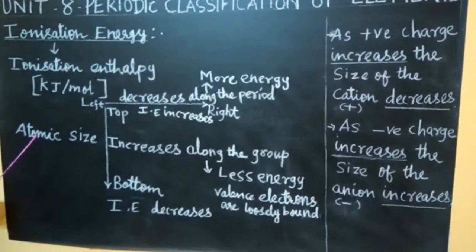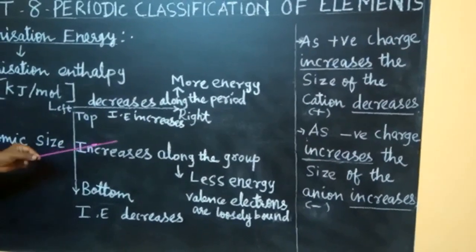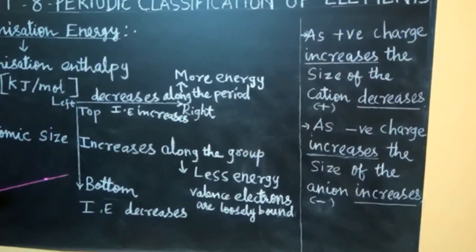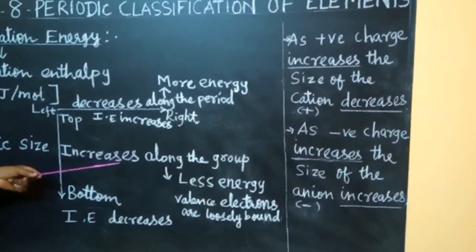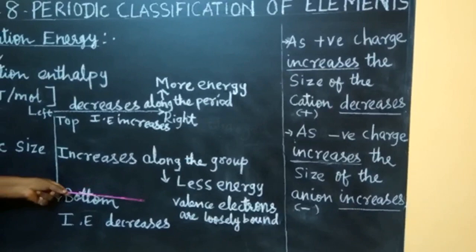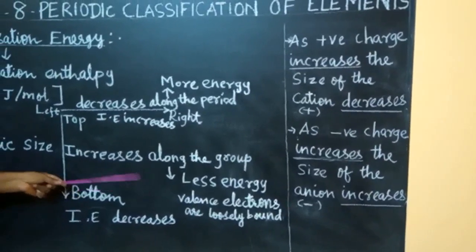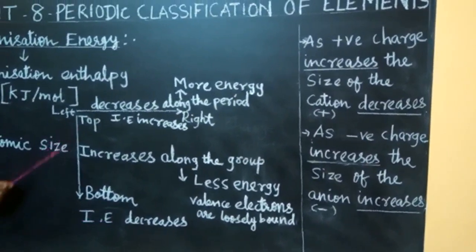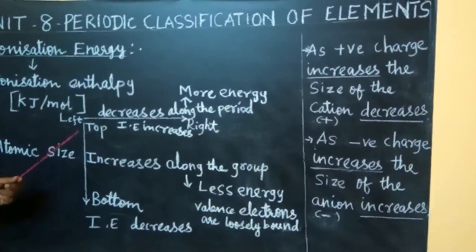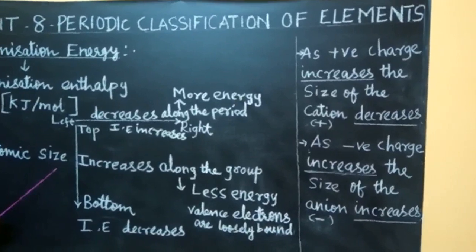When atomic size increases along the group from top to bottom, less energy is required to remove the electron because valence electrons are loosely bound. So ionization energy decreases from top to bottom down the group in the periodic table.